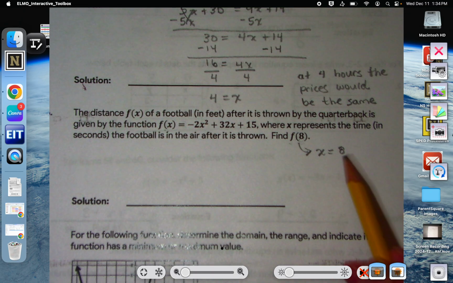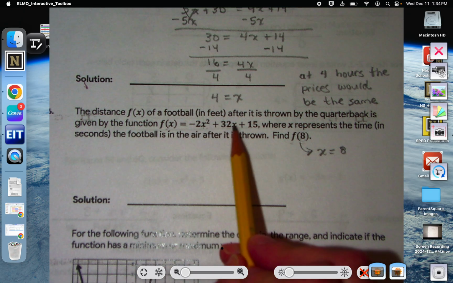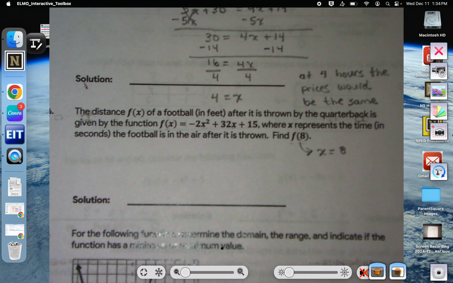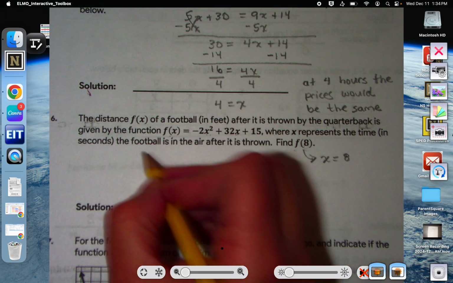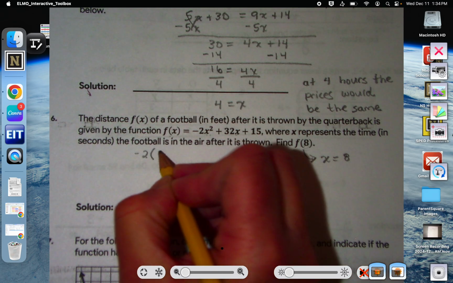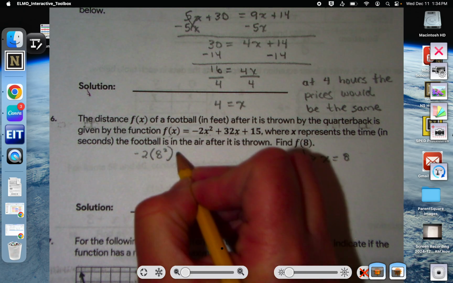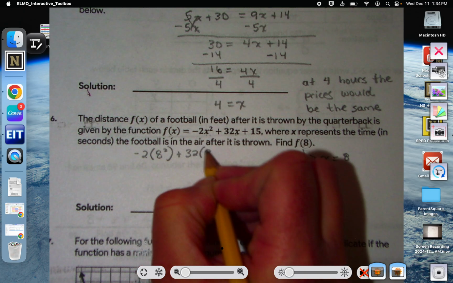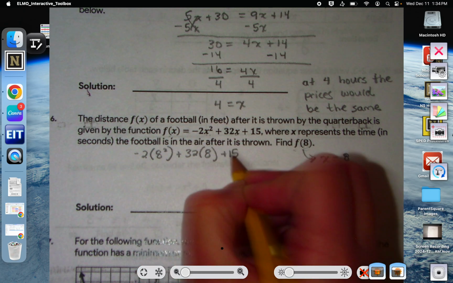So I'm going to put 8 in for all of these x's, and that will tell me what the solution is. So I'm going to say -2 times the quantity 8 squared plus 32 times 8 plus 15.